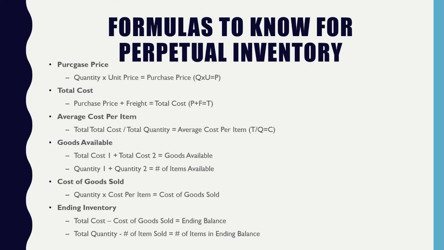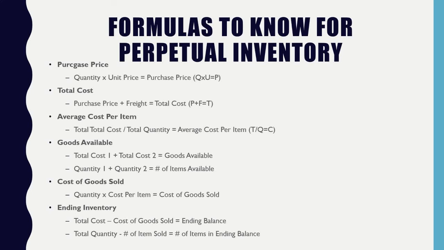So our goal here is to constantly update our inventory and constantly calculate our average cost per item, which shows us the direction that we're going to be moving the average cost along, all right? So let's go ahead and take a look.